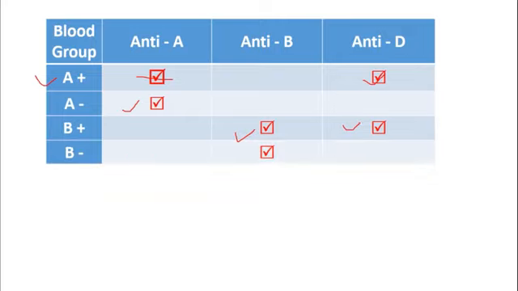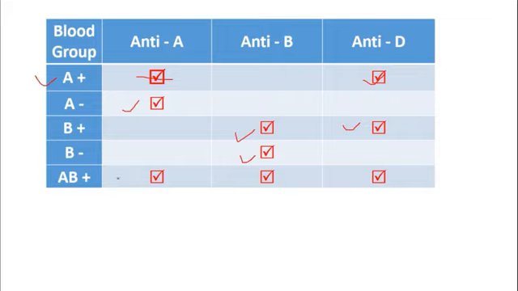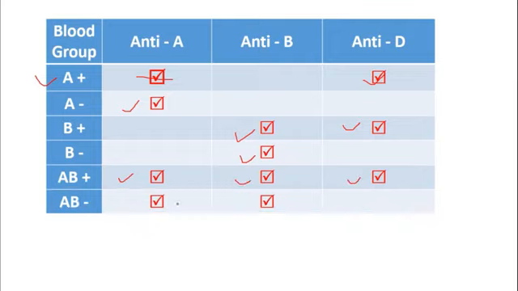In persons of B negative blood group, you will find agglutination only in antisera B. In persons of AB positive blood group, as we saw in my previous slide, we will find agglutination in all three antisera solutions, that means antisera A, antisera B and antisera D. In persons of AB negative blood group, we will find agglutination in antisera A solution and antisera B solution.